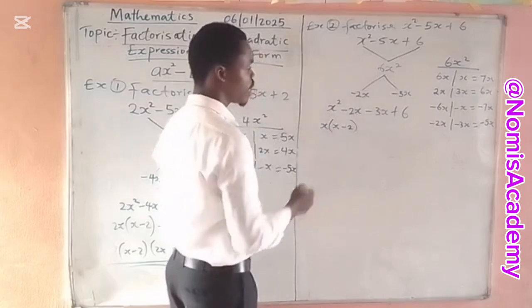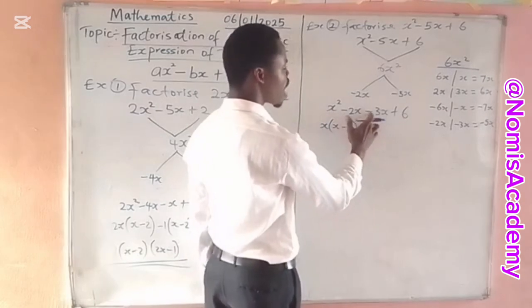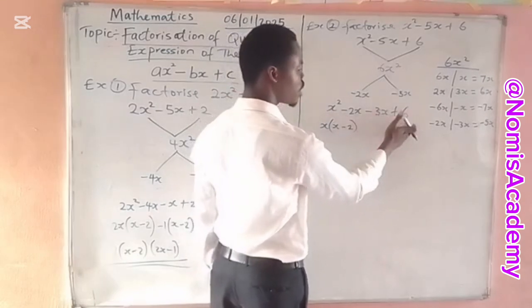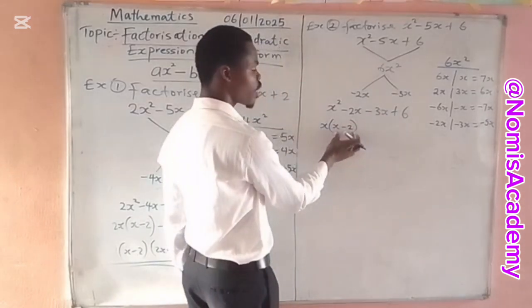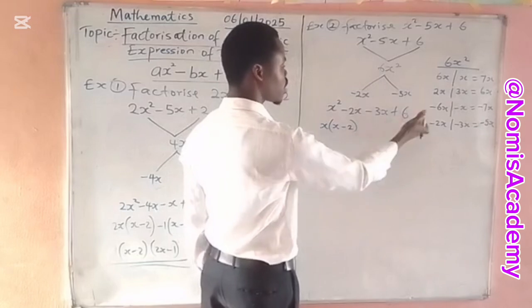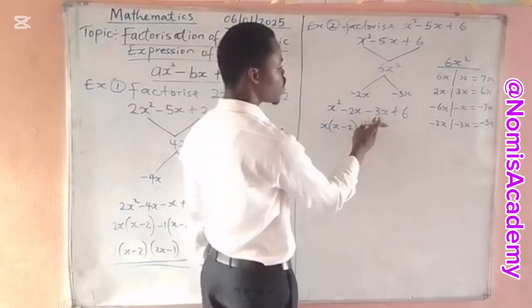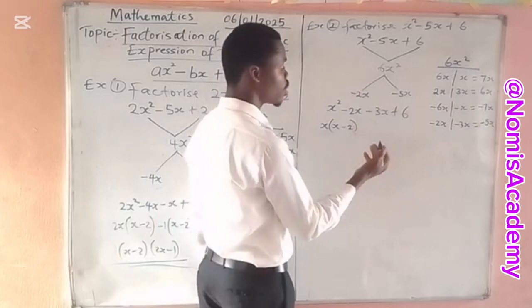Then we move to the next one. What is common between minus 3x plus 6, such that I will still get this linear factor x minus 2 on the other side? Now you agree with me that minus 3 is common.